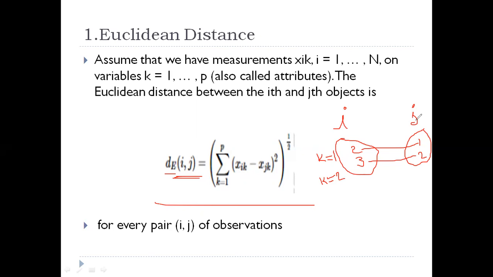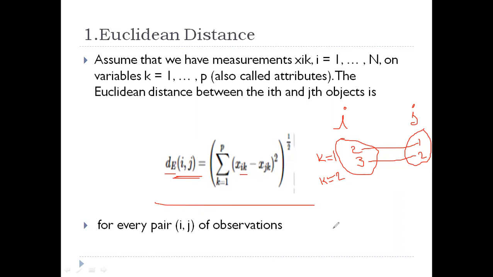The second data point in the jth cluster is 2. These are the values. Now here we are going to calculate ik, that means the ith cluster's first data point and the jth cluster's first data point. Like that, the ith cluster's second data point and the jth cluster's second data point. Here we are going to measure this one.